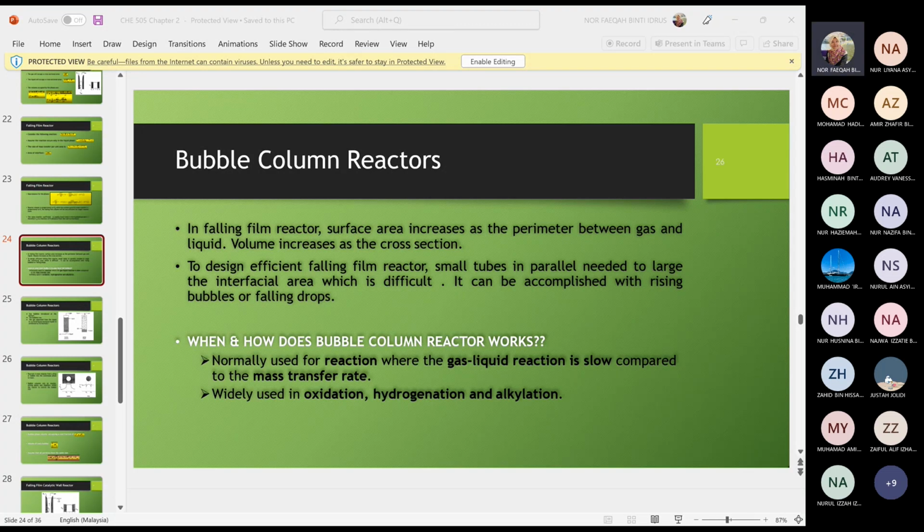Okay, but you cannot imagine the size. For the falling film, it is in the form of a pipeline, a small pipeline. So that's why we have the problem. In order to increase the yield of the reaction, because for a small size of tube to conduct the reaction, only a small product capacity can be produced.